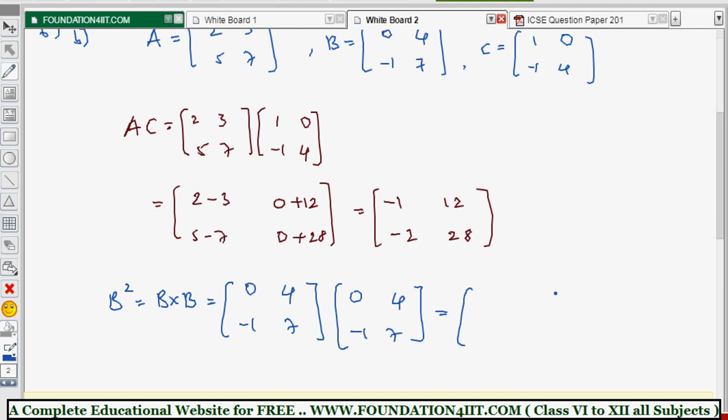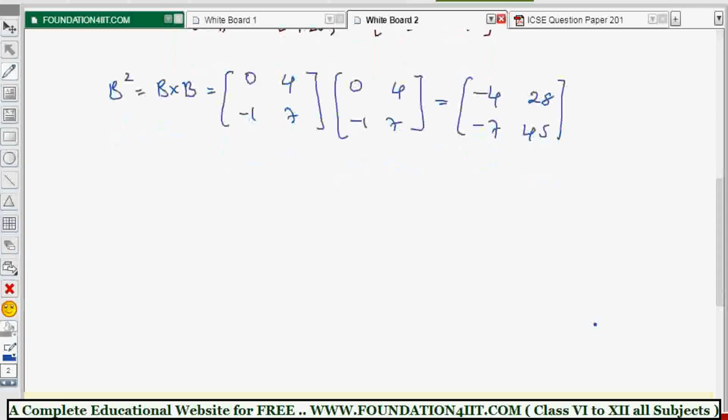Just multiplication you can do, same first row first column if you do, you get the answer minus 4, then 28, and minus 7. So first row first column, again second row second column, there's minus 4 plus 49 is 45, right?